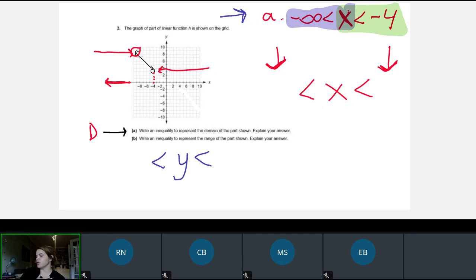I'm going to do mine first. To find the range, over here on the left-hand side, this is going to be your lowest value. So range goes up and down. I have to come at this from the bottom of my graph. So I'm going to start below my graph and come in.